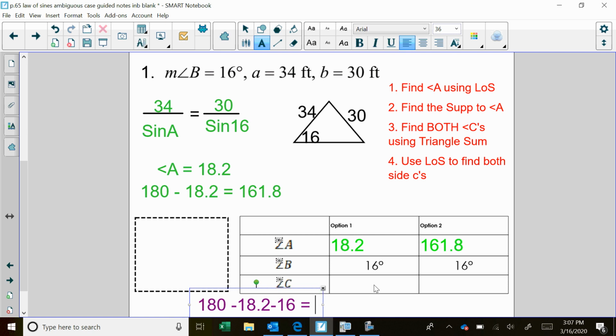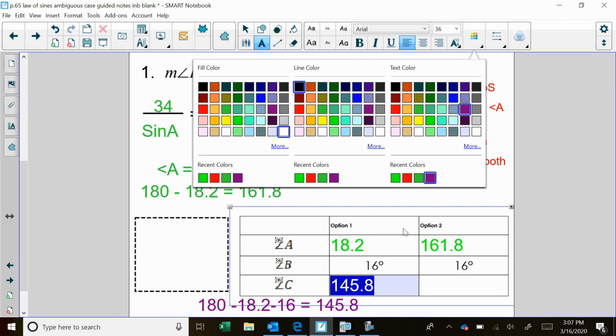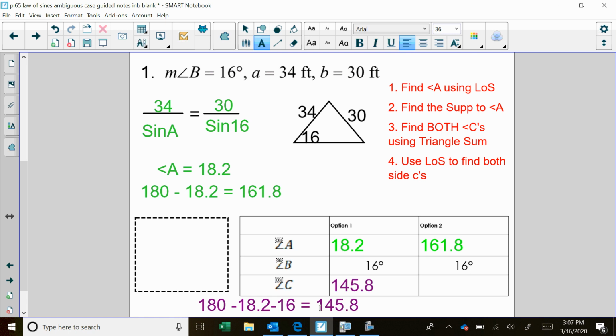So this is going to be angle C. 180 minus 18.2 minus 16 is 145.8. So that's coming up here, 145.8. Purple. Okay, so that's that calculation.